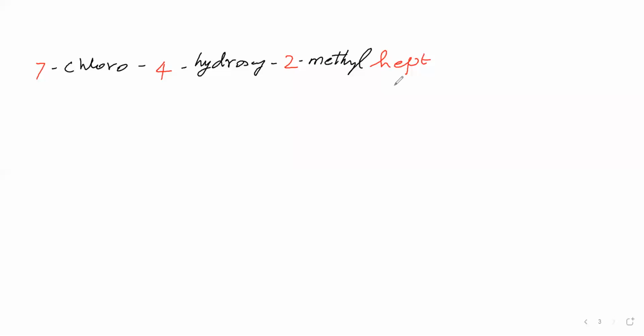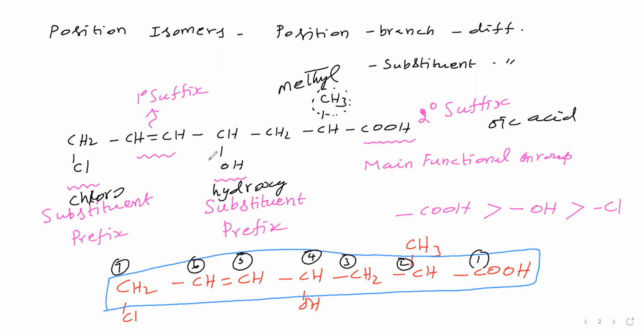Next we have to say the primary suffix. What comes under primary suffix means C-C single bond, C-C double bond, C-C triple bond. Here a C-C triple bond is not there. What is there is a C-C double bond and C-C single bond. When a C-C double bond is there, don't consider the C-C single bond. Similarly, when a C-C triple bond is there, don't consider the single bond.